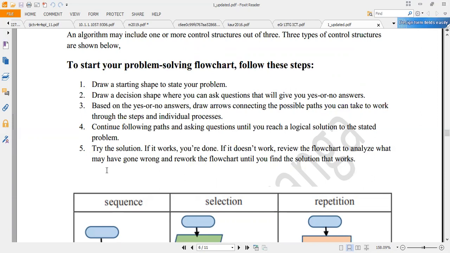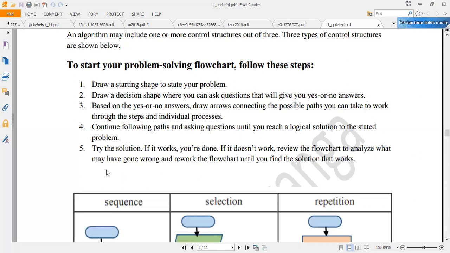Then second, draw a decision shape where you can ask questions that will give you yes or no answers. Based on the yes or no answers, draw arrows connecting the possible paths you can take to work through the steps and individual processes.